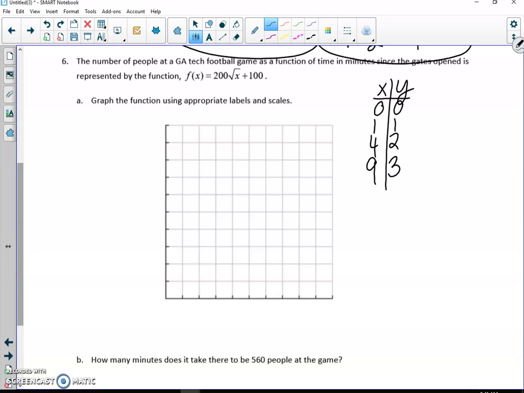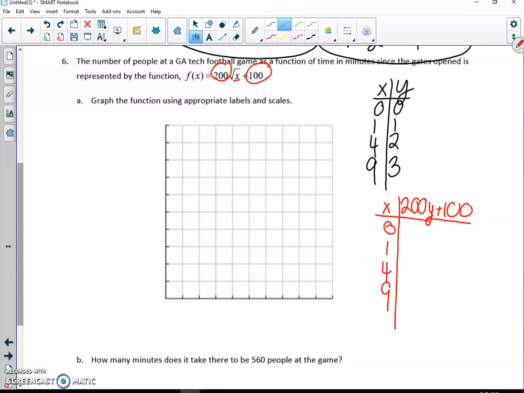Okay, and then our new chart, actually nothing is happening to the x's in this one. So the x values are going to stay the exact same. So I can write those down, 0, 1, 4, 9. Those are going to stay. But the y's, remember, everything outside affects the y's. So that's going to be 200 y plus 100. Right, we got to stretch them by 200 and then move it up 100.